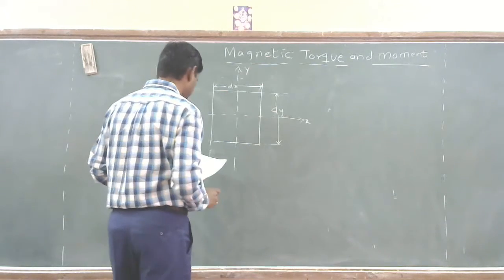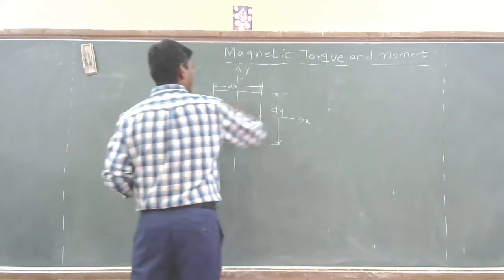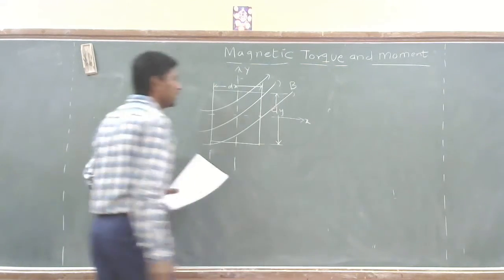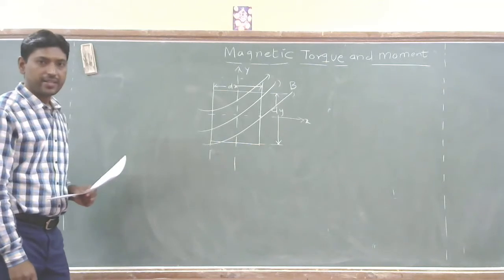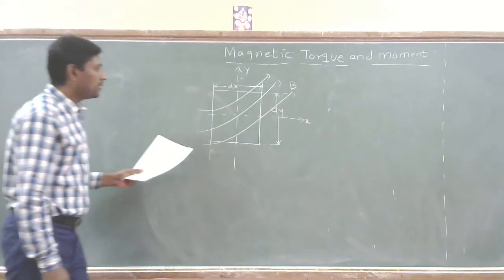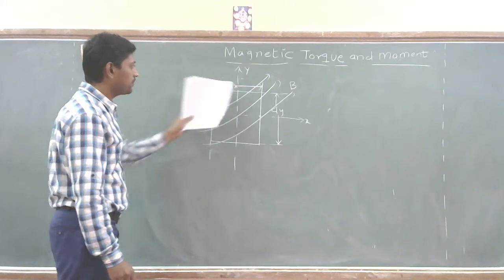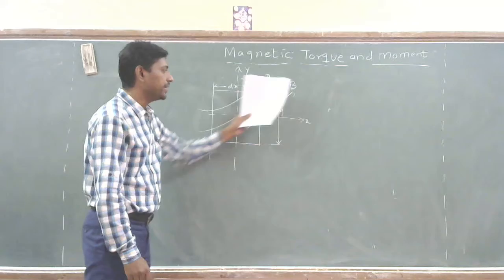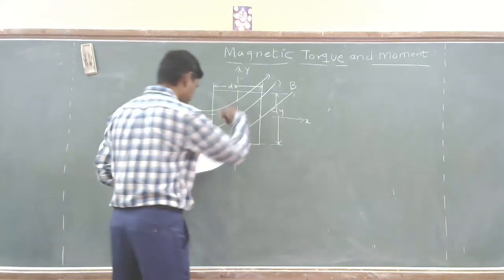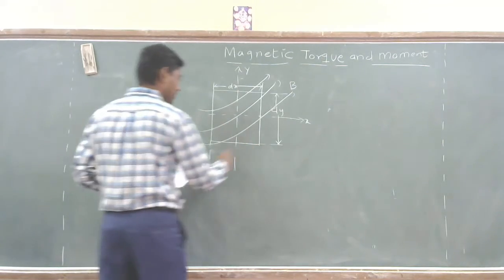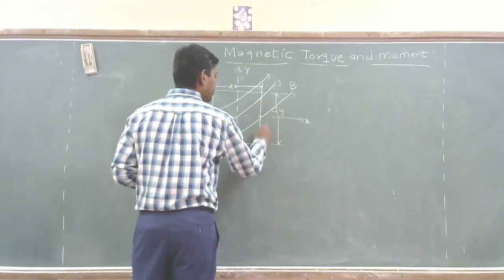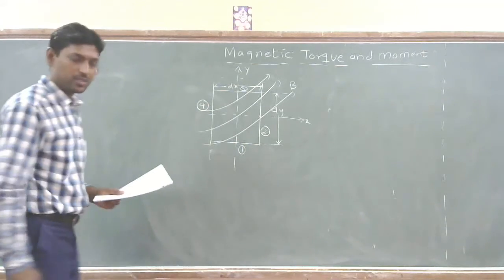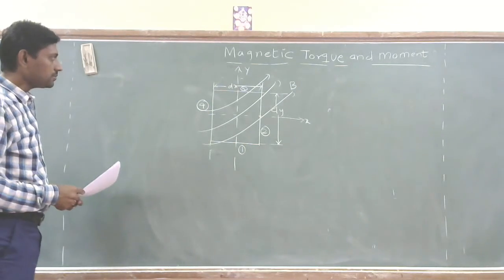I have taken the magnetic field B. So you have a loop which is placed in the xy plane, in a magnetic field B. I can divide this loop into the segments 1, 2, 3, and 4. Four segments.